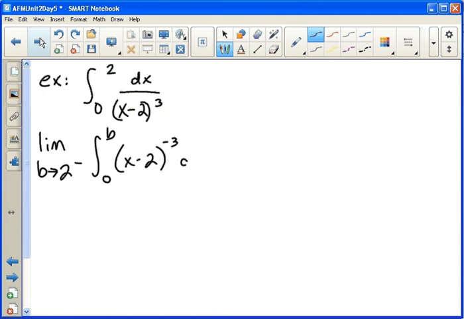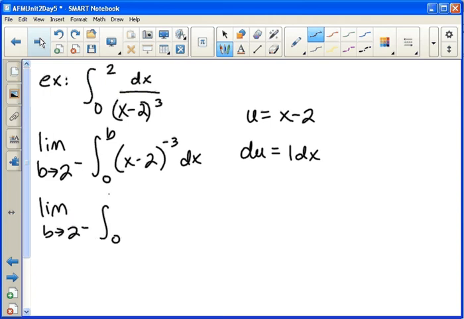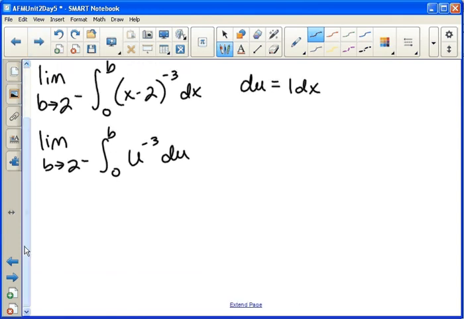Now you don't really have to use u sub here, but we'll do it just to be as clear as we can. Okay, so no adjustments needed. So we get u to the negative 3rd du. Add 1 to the exponent, divide by that number.